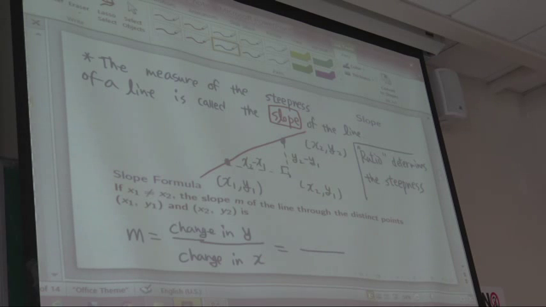The change in y value is y2 minus y1. The change in x value is x2 minus x1. And this is the slope. Slope m is this. Now you can switch it to y1 minus y2 over x1 minus x2. It's the same thing.